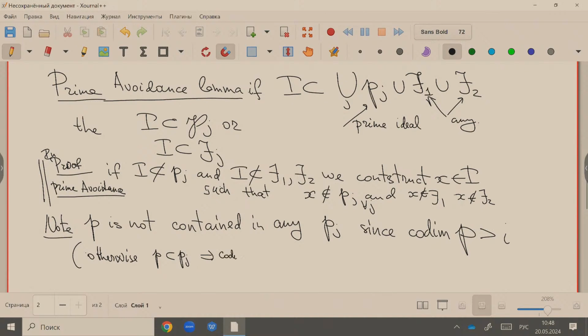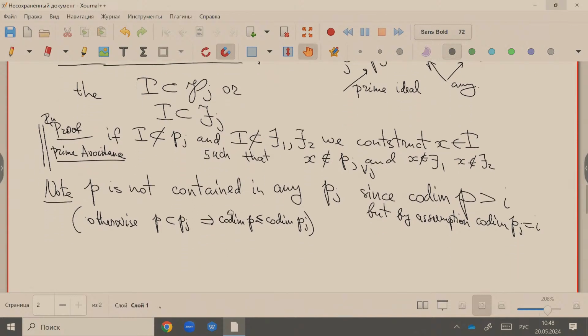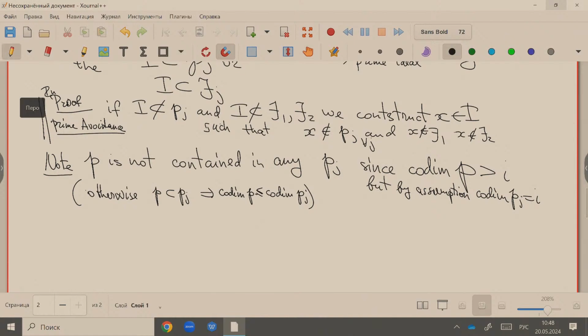Then the codimension of P is less or equal than the codimension of Pj, but by inductive assumption, the codimension of Pj was equal to I. So they are not equal, and P is not contained in Pj.